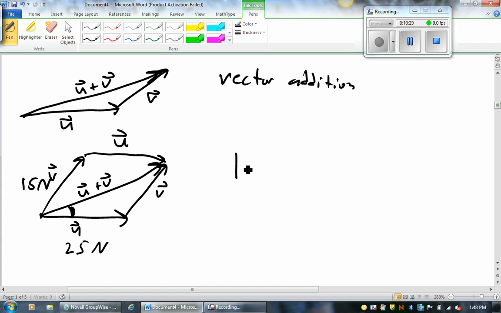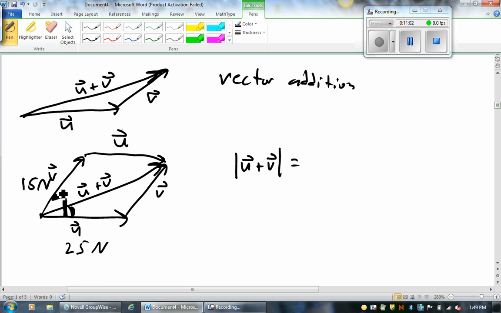So the length of the sum, the magnitude of the sum, is going to be... guys, one more thing I forgot to mention here. These forces are acting at a 90-degree angle to one another. That's going to be important in a second. I know they don't look like a 90-degree angle, but they are.